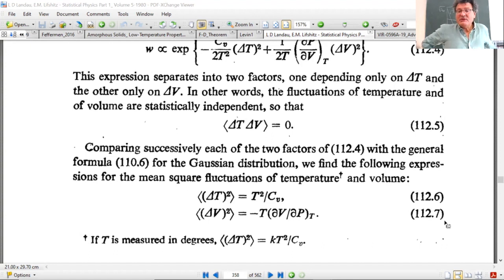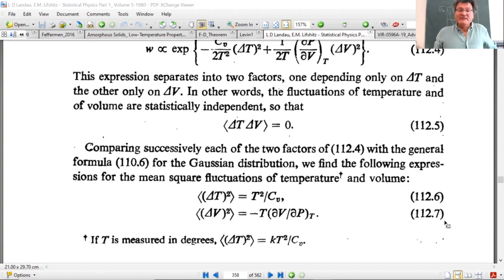It is also inversely proportional to the volumetric stiffness of the material, which we can call the yielding of the material. So the more rigid the material is, the smaller the fluctuation in the volume.